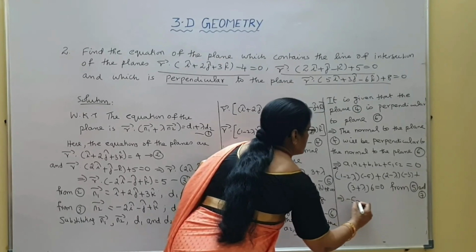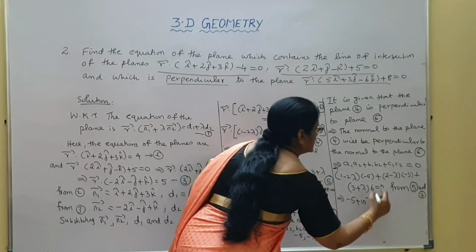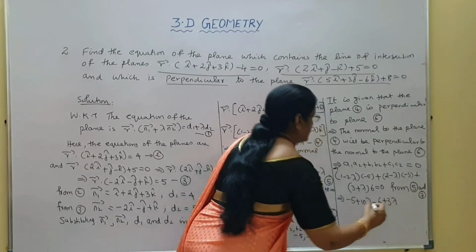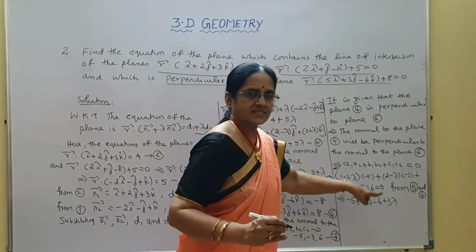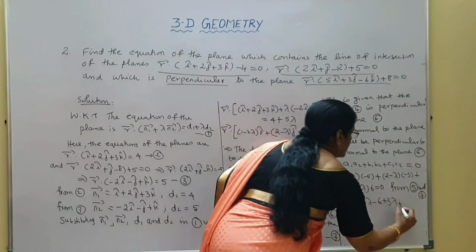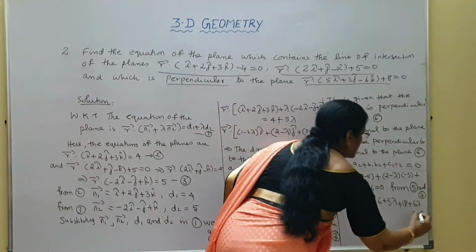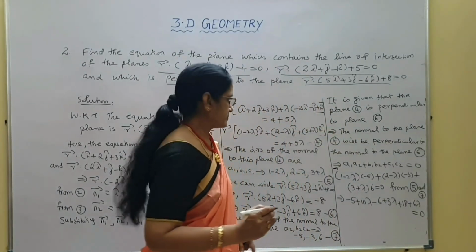This implies minus 5 plus 10 lambda, minus 6 plus 3 lambda, plus 18 plus 6 lambda, should be equal to 0.